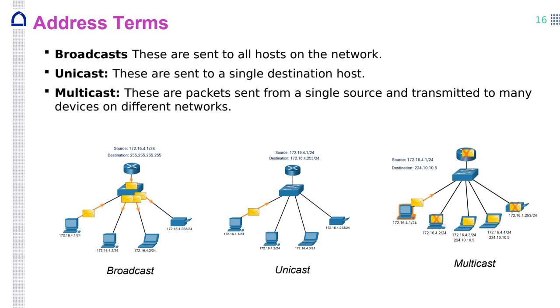In a broadcast, the message is sent to all the hosts in the network. This is an example of a broadcast. Unicast: the message is sent only to one end machine. Multicast: the message is sent to multiple hosts.